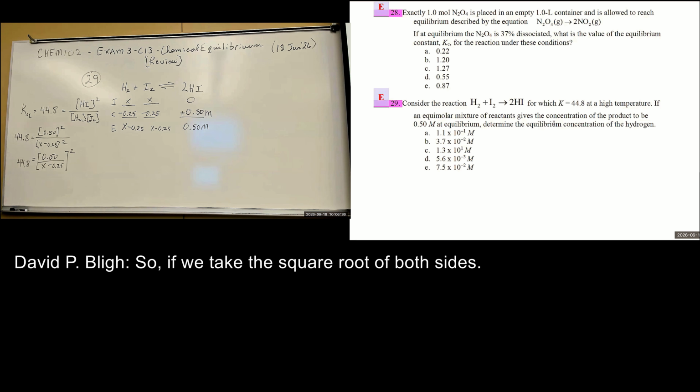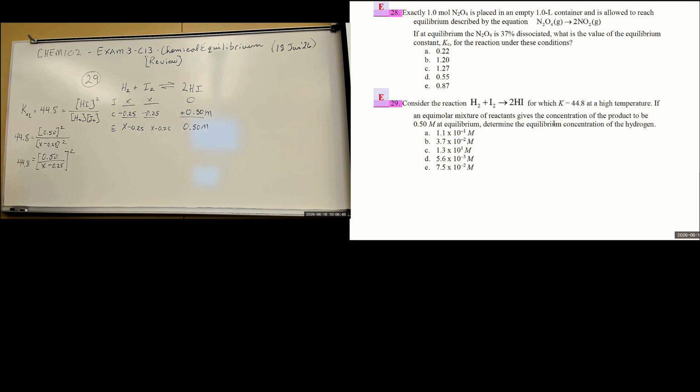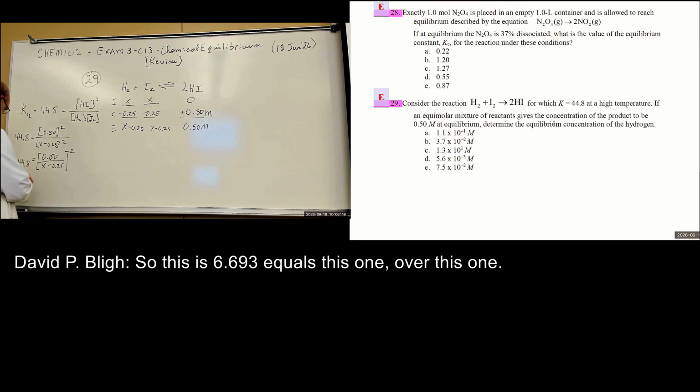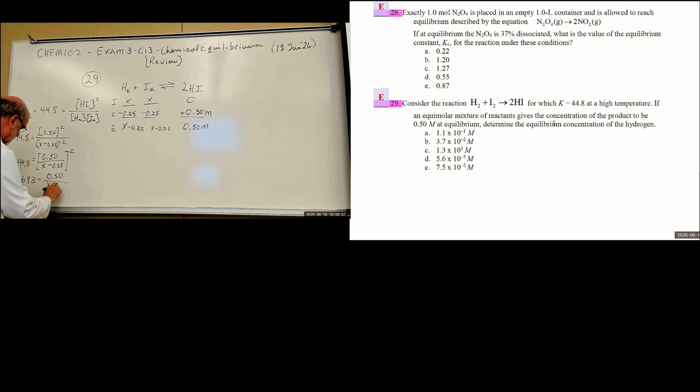If we take the square root of both sides, we can get rid of the quadratic problem. What's the square root of 44.8? 6.693. So 6.693 equals this one over this one.